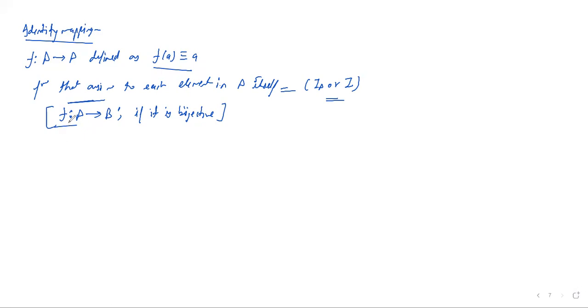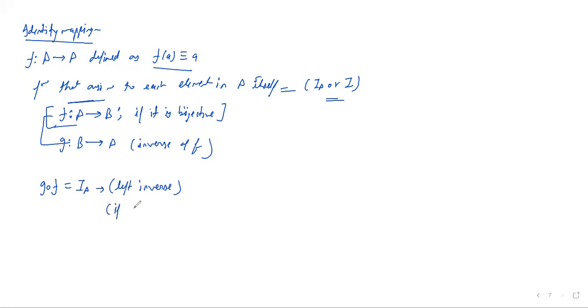So by inverse, we say that f is going from A to B, and the inverse of this, let's say g, is from B to A. That is the inverse of f. So if I do the composition of these f and g, I get the identity mapping. If I do the composition GOF, then I get IA, the identity mapping on A, which is the left inverse.